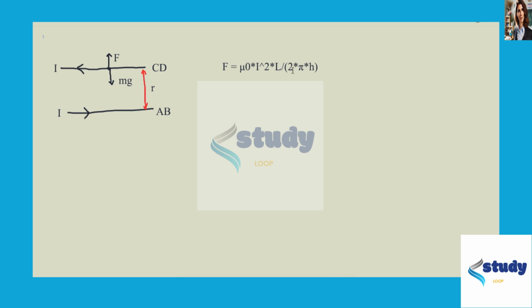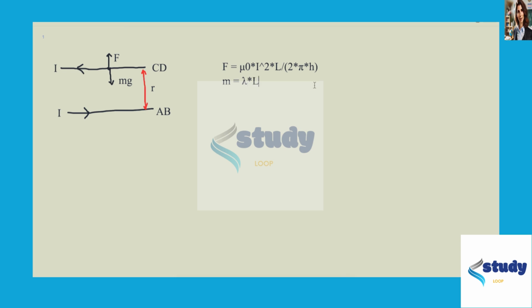So now let's consider, we know that the force of gravity is mg, but we don't know what the mass is. So in the question, we're told that the mass per unit length of the wire is lambda. So we're told the mass per unit length, but we're not told the actual mass itself. So to get the mass, what we want to do is multiply lambda times the length of the wire.